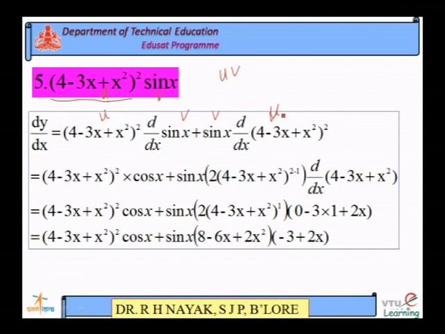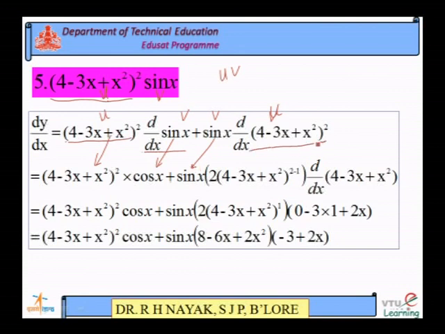u is again of the form function to the power of n. We should not differentiate this, we have to keep it as it is. Only d by dx of sin x we have to take. Differentiation of sin x is cos x, plus keep sin x as it is.